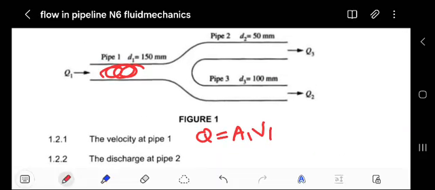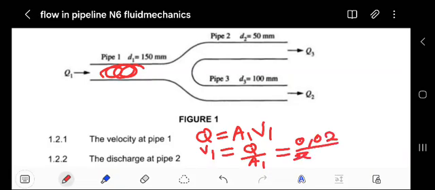We make V1 the subject: V1 equals Q over area 1, which is 0.02 divided by pi over 4 times 0.15 squared, where the diameter is divided by 1000.